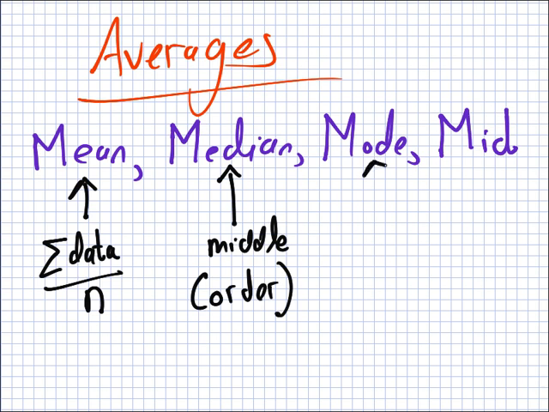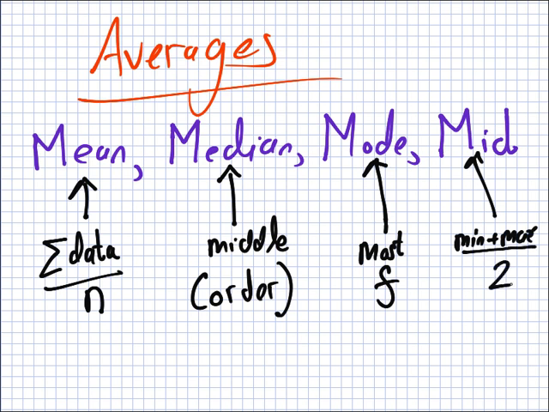Yeah, ascending order. The middle number in the list. We'll do an example now. The mode, yeah, the most frequent one. And the mid, it's the minimum plus the maximum over 2.